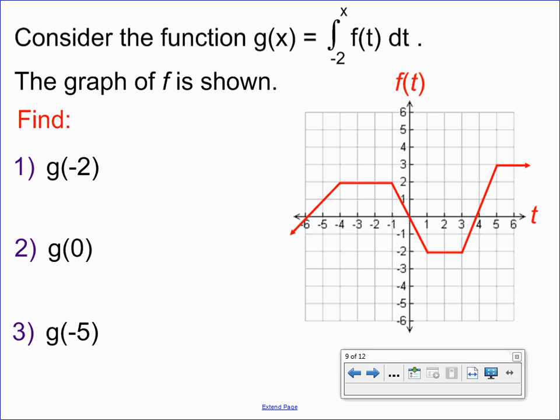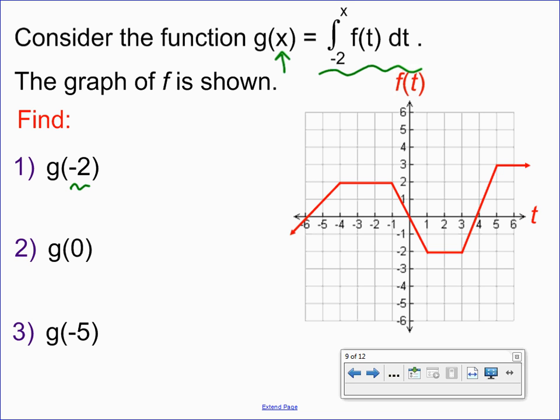However, we now could think of that integral defined function as a function in its own right, that has values that could be determined by direct substitution. And so if we wanted to determine the value of g of negative 2, a particular x value, we could plug x equals negative 2 into my function definition everywhere I see an x and then evaluate it. I want you to think of this as an area accumulator function.